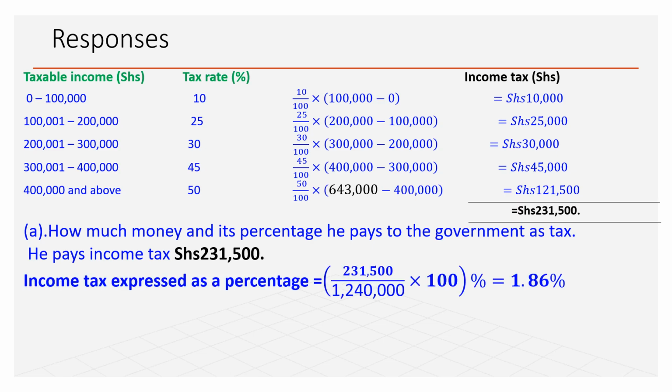And now, since that is the net income tax, we need to get, okay, the scenario is tricky here. First check, they want us to get how much he pays in tax, not how much he takes home. So that's why we shall have this income tax as the money he pays to tax.